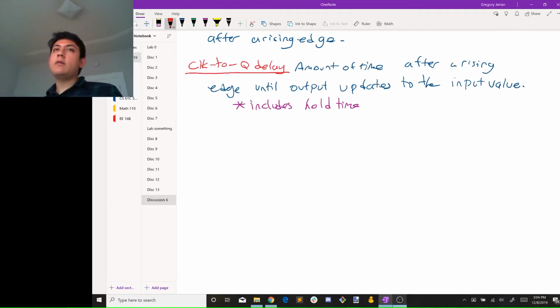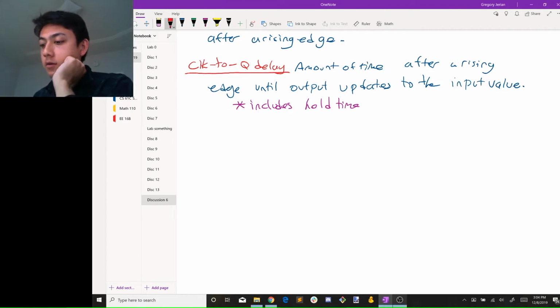Let's talk about the example on the discussion sheet at the very bottom of the third page. In that example, we have a circuit which includes a register. So here's the register, and into the register there's a clock.